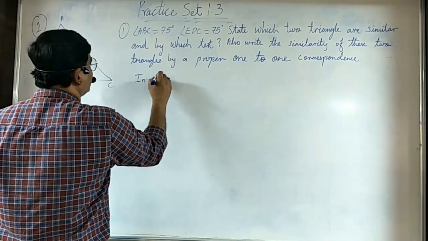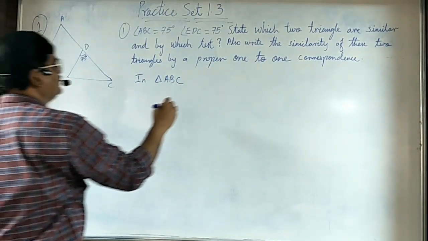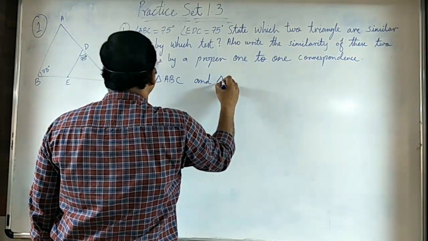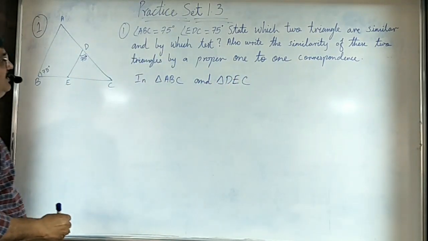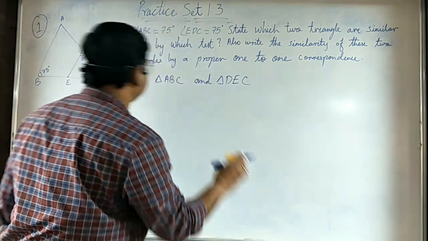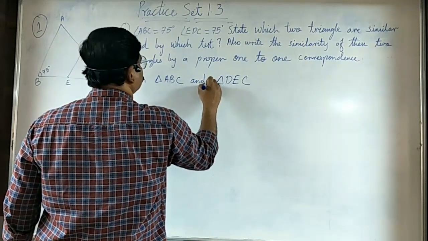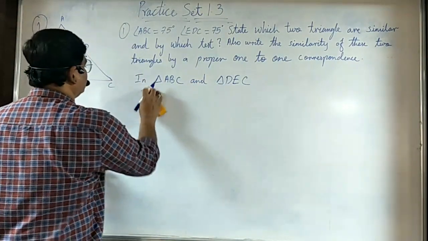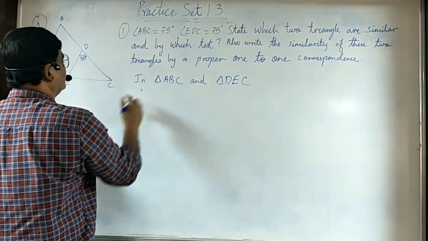Now if you check this carefully, first I will go to the two triangles. You have triangle ABC and triangle DEC. In these triangles, what things are congruent?